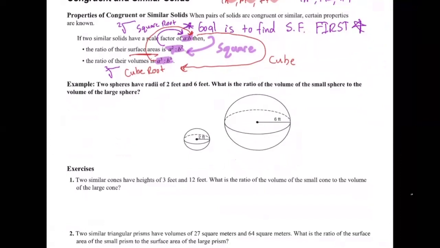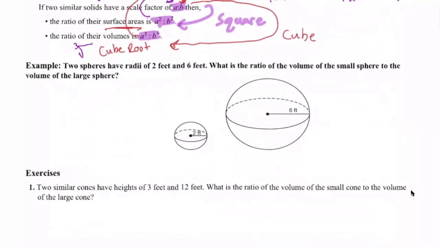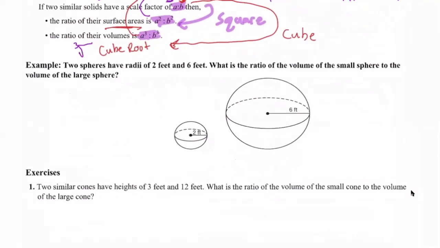Let's do a baby example here. Two spheres have radii of 2 feet and 6 feet. Find the ratio of the volume of the small sphere to the large sphere. Right here, what dimension is this in? Is this feet squared, feet cubed?